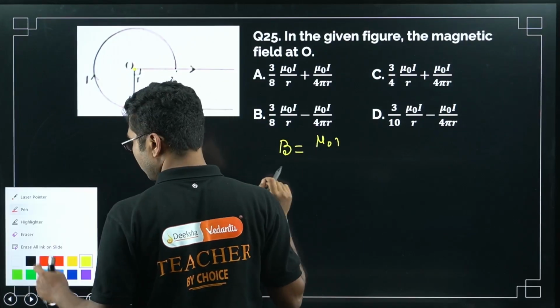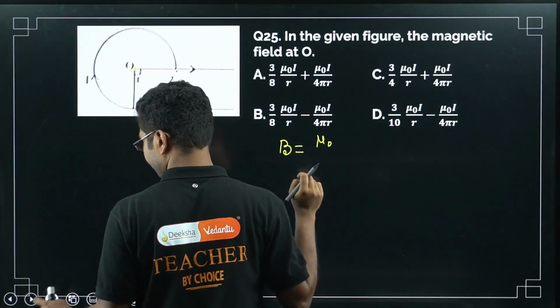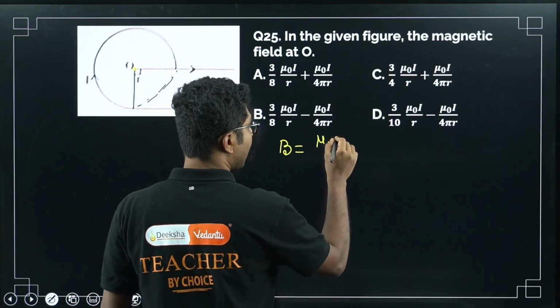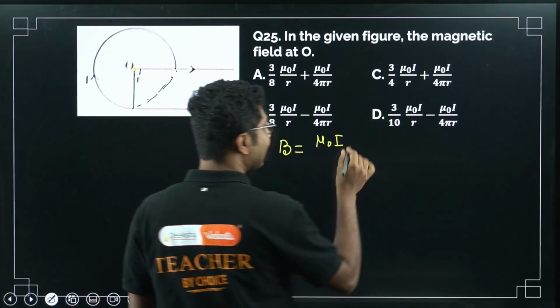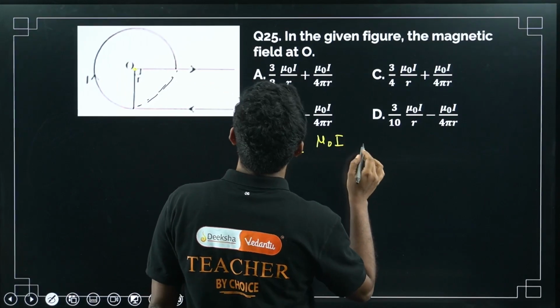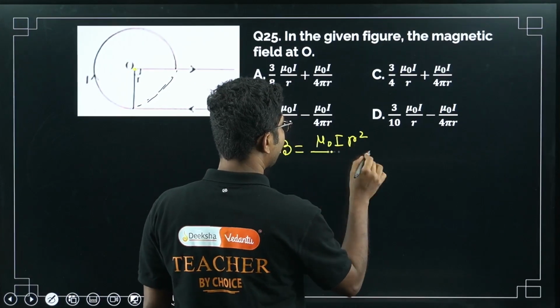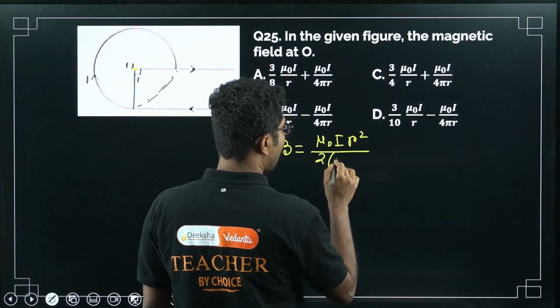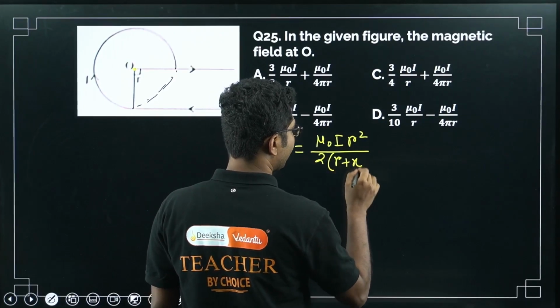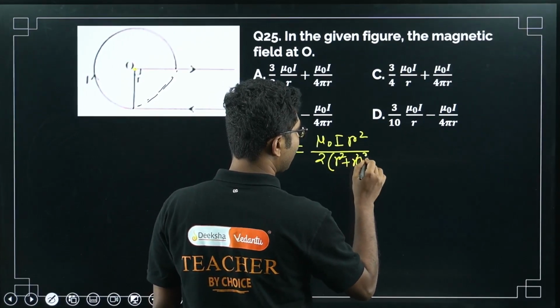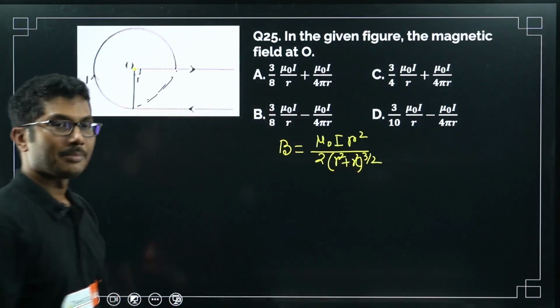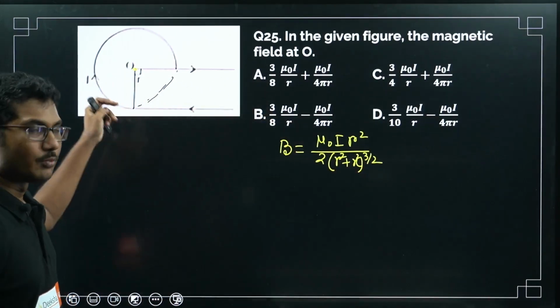Here this is only one coil, so no N is required, otherwise it is N i. Radius is given here r: mu naught N i r square divided by 2 times (r square plus x square) to the power 3 by 2. I hope you remember this formula. I just used it a few problems back.